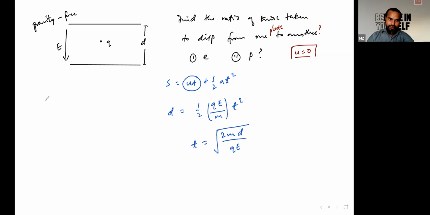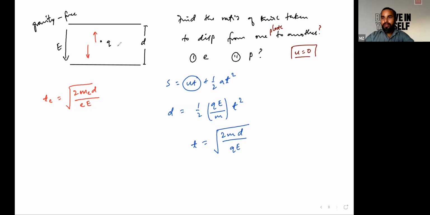Now, for electron, t e is equal to root under 2 times mass of electron m e times d divided by charge of electron e E. I'm taking the magnitude, as electron will move along this direction and proton will move along this direction.